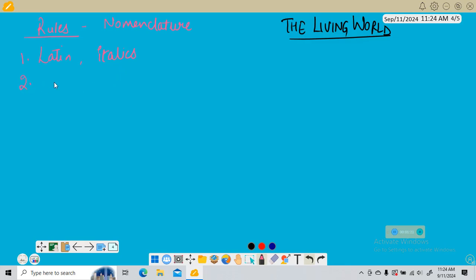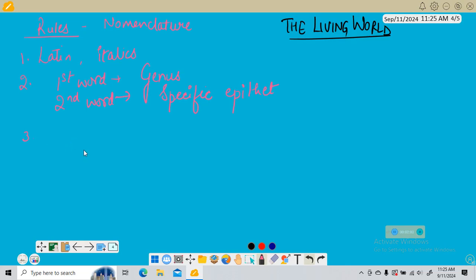Then, the first word in a biological name represents the genus, and the second component or word denotes the specific epithet. This is a term given to those words. Specific epithet is a term.